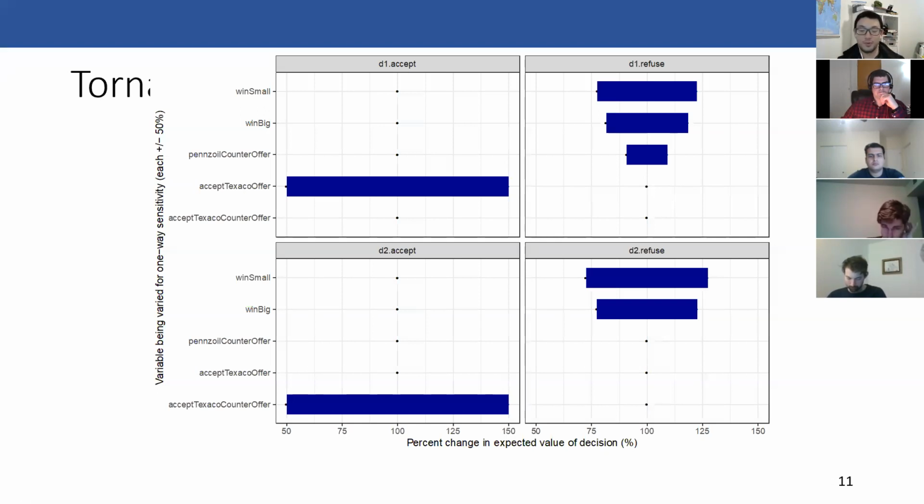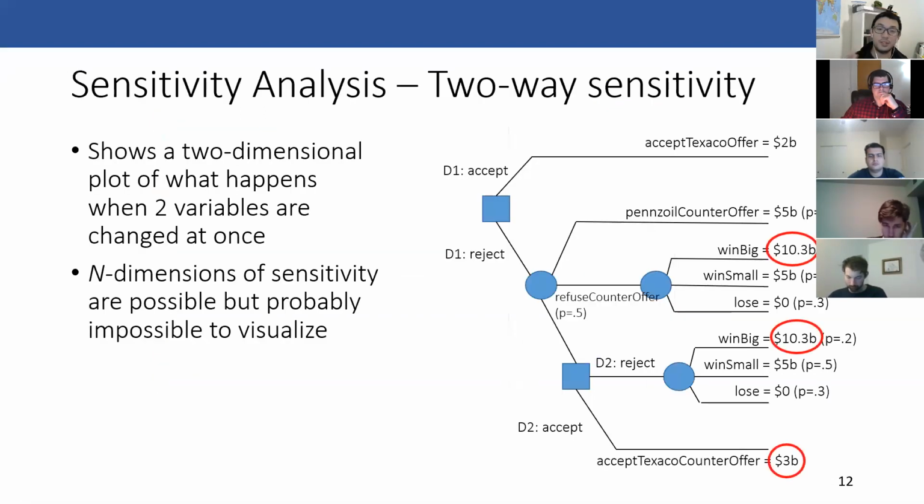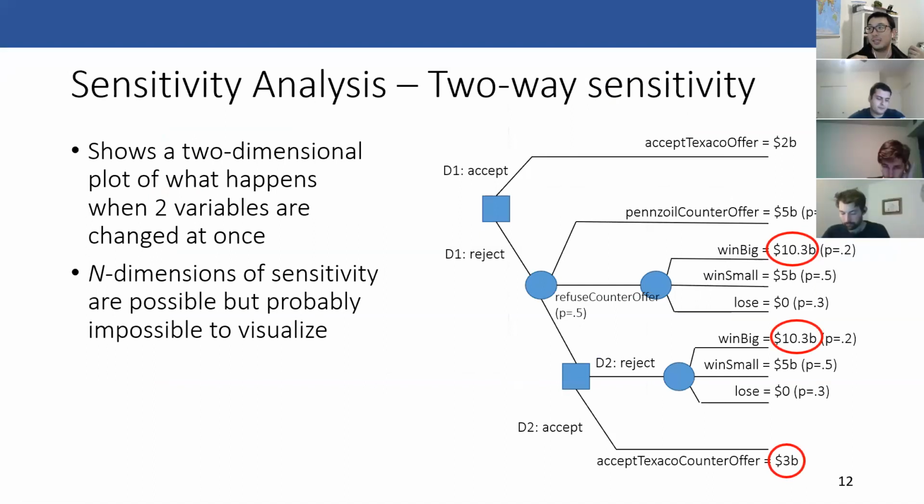And so that's where we start to build in more complexity into the sensitivity analysis. But again, even a one-way sensitivity, I think, does a really nice job at any single variable analysis.